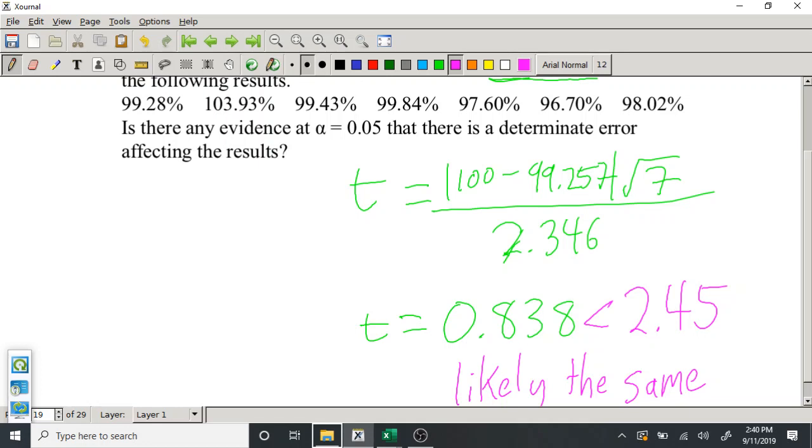One of the ways you see that is if you look at the standard deviation, it's pretty large. If we were to cut out the outlier, our standard deviation would go down. It would mean our data is much tighter. That would actually increase the value of t because the standard deviation is on the bottom here.